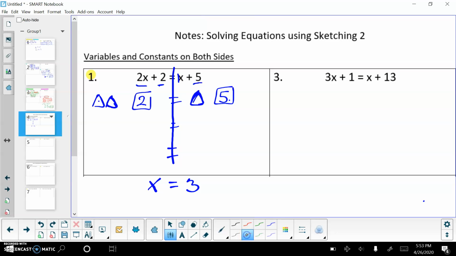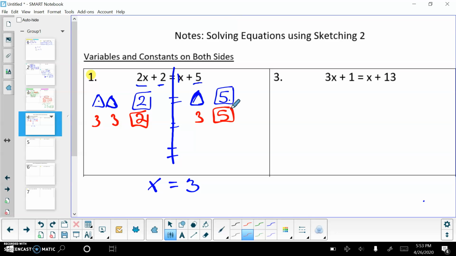Now I'm going to substitute back in this 3 where the triangles are. So I have a 3 for that triangle, a 3 for the second triangle, and that 2 cube. That is the point value of my left side. Then I'm going to go to my right side. I'm going to put a 3 in for that triangle, and I have a 5 cube.